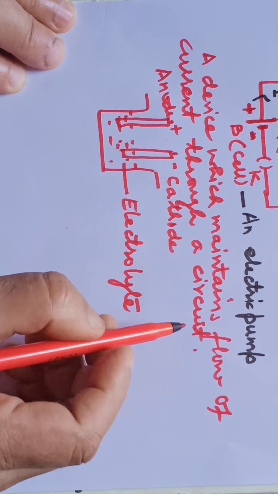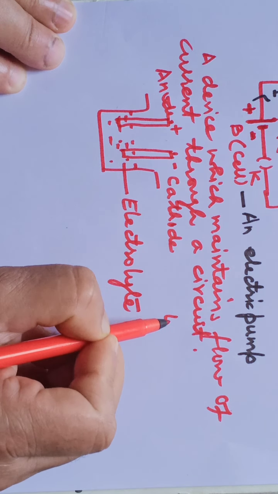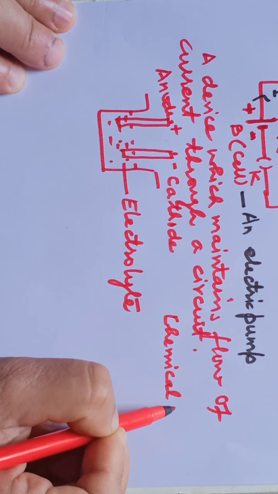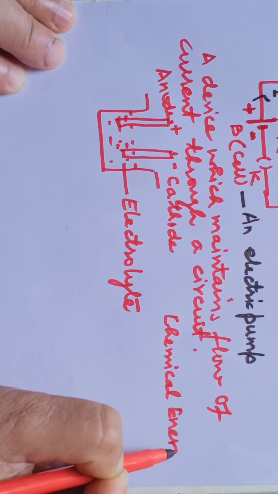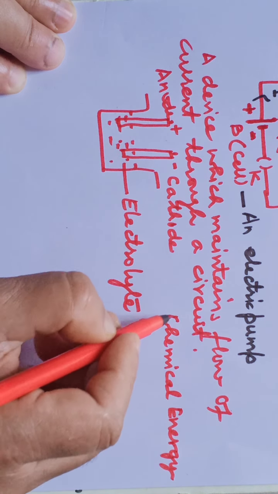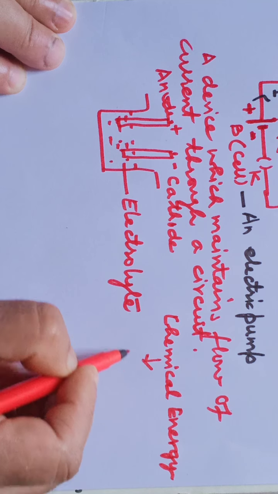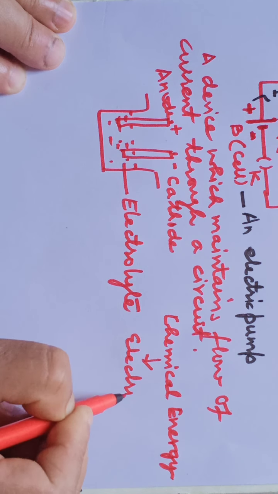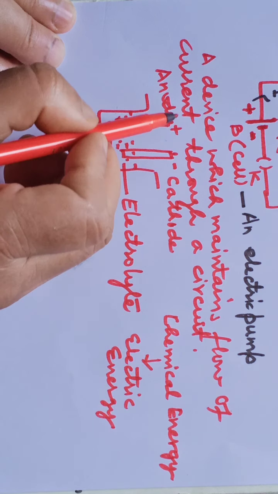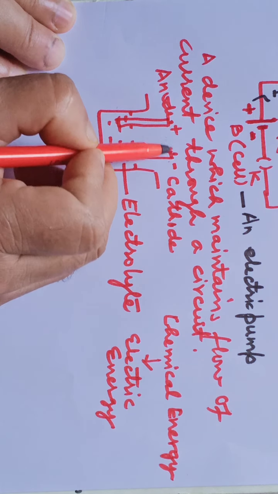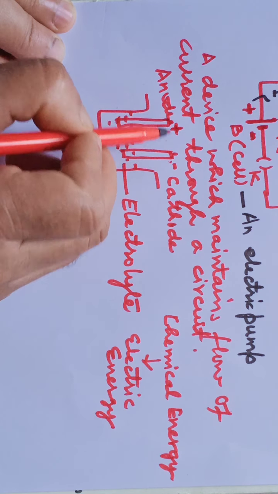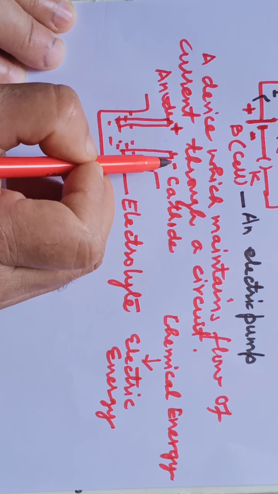And in a cell, the chemical energy of electrolyte and electrodes thus converts into electric energy in terms of the potential on these electrodes, cathode and anode.